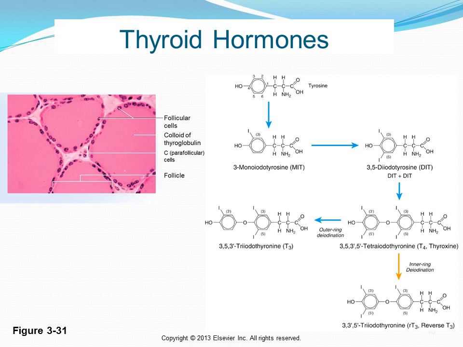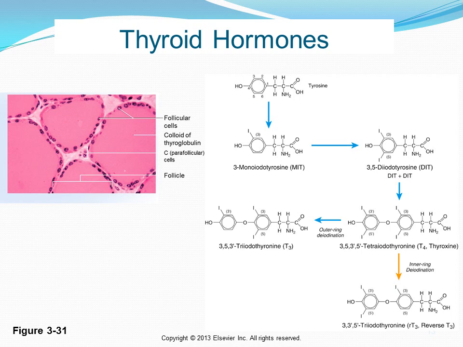And this diagram summarizes the chemical process that occurs to take your thyroglobulin, which contains tyrosine, and turn it into the thyroid hormones. Now, I'm going to refer to them as T3 and T4. And we also have reverse T3, or RT3. I'm not going to use their chemical names.